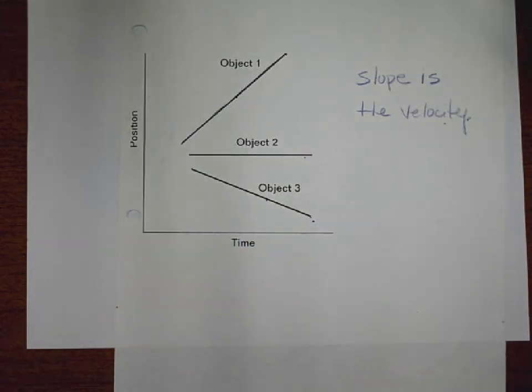The velocity is 0. You can tell the rate at which an object is going by the slope of the line, even though you don't have any numbers. You can compare the slopes and see which one is faster, which one is slower, and which one's not moving at all. Well, I hope this is a good introduction to velocity and displacement and speed.